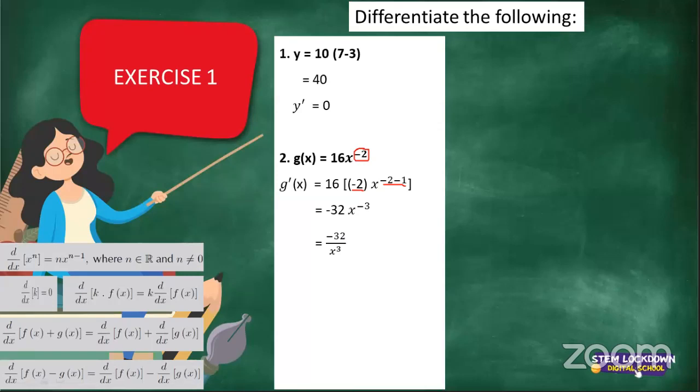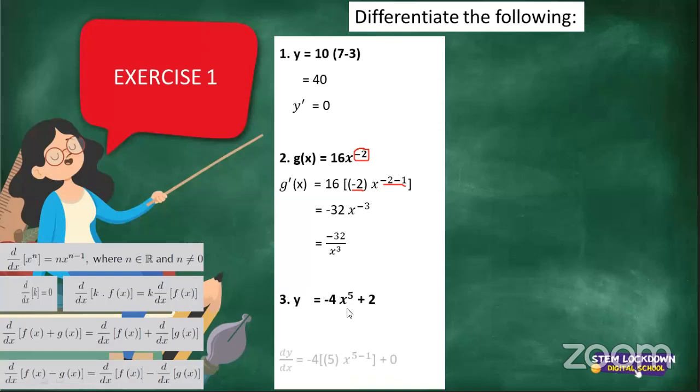I'm going to do a few more examples, then we'll go to questions, because I can see you have a few questions. In this case, we have a sum, so we have to differentiate the terms separately. This is the same as number 2, and this is the same as number 1.